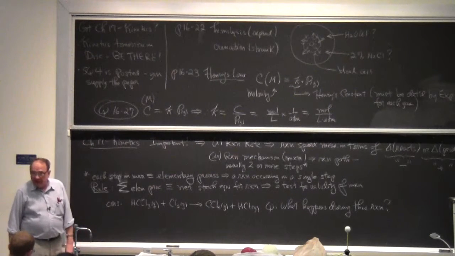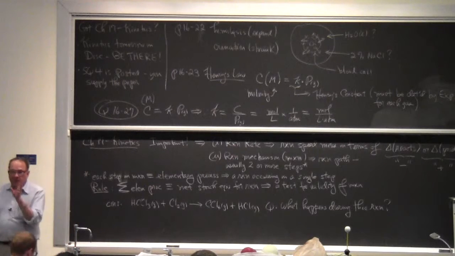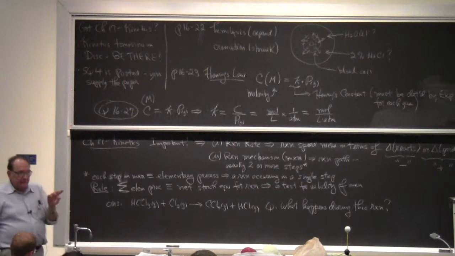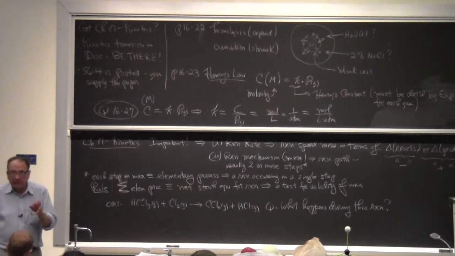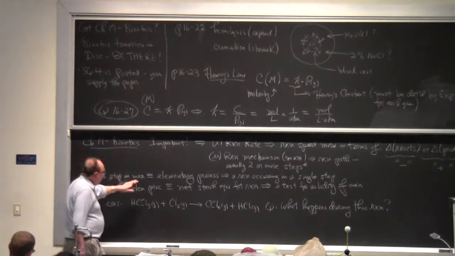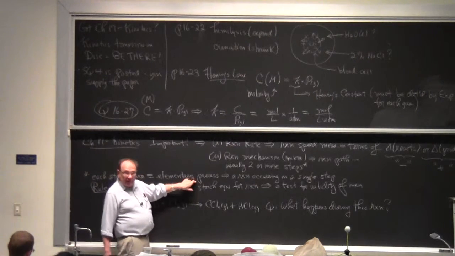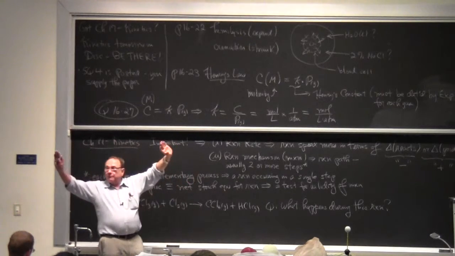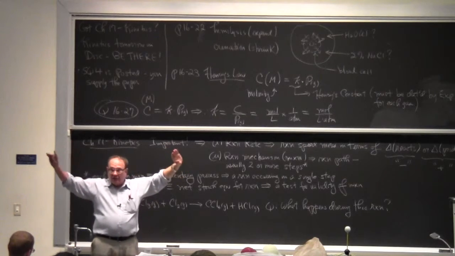A test which a proposed mechanism must meet in order for it to be plausible, in order for it to be valid, is that when you sum up the steps algebraically, sum up the elementary processes, you add them up. Remember when we did this kind of stuff with Hess's law?